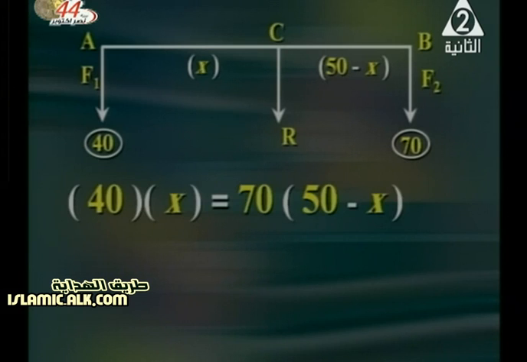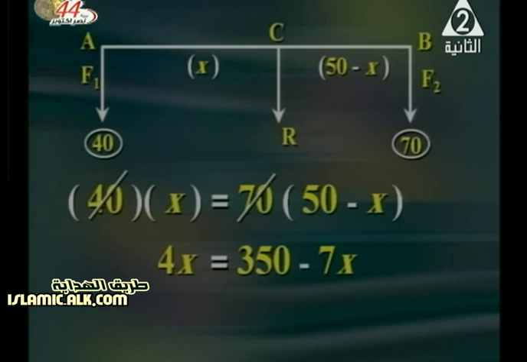Moment of 40 times x equals what? Or, 40 times x minus 70 times (50 minus x) equals 0. We obtain the equation: left hand side 4 times x, right hand side 7 times (50 minus x), divided by 10. Then 4x equals 350 minus 7x.